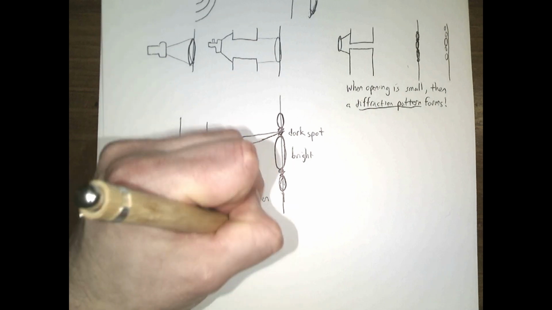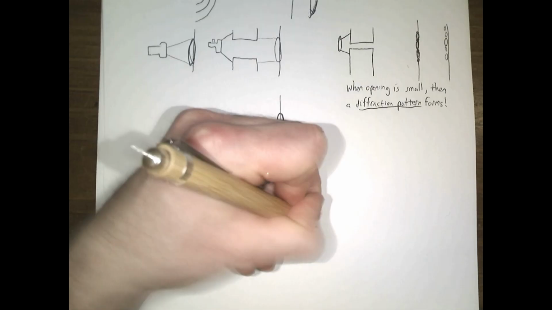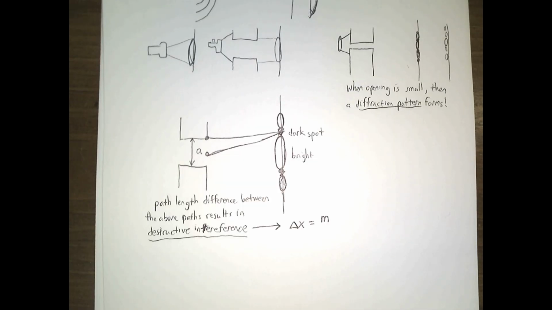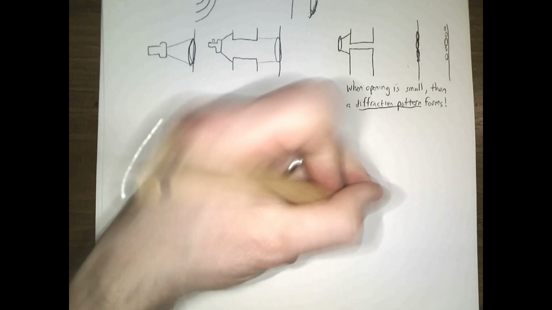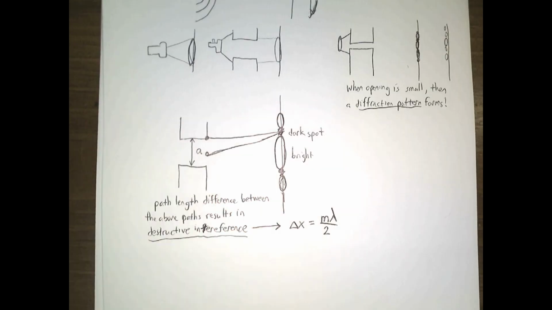So we can write this destructive interference criterion as delta x is equal to m, where m here is just an integer, times lambda, the wavelength of the light, divided by 2.